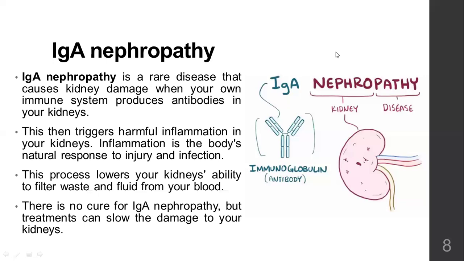There is no cure for IgA nephropathy, but you can only slow down the damage. Damage will take place. There is nothing that can save you from the kidney damage. You can just slow down the damage. That is IgA nephropathy.